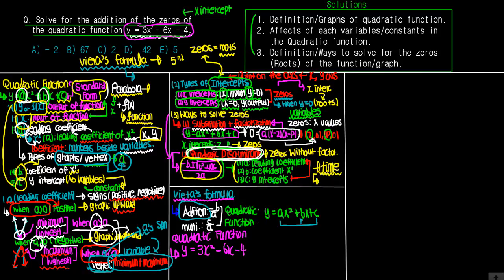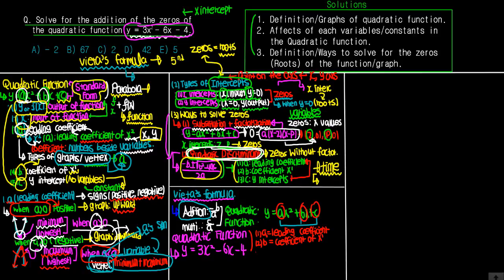In order to apply, we need to think about what the a, b, and c are from our function. Well, we know that the a value will be our leading coefficient, which defines the type of graph and the vertex in our quadratic function. Second will be our b, which is just a coefficient, not a leading coefficient, of x to the first power.